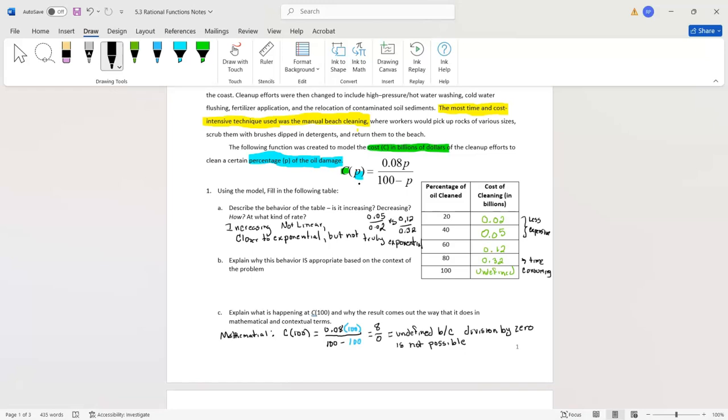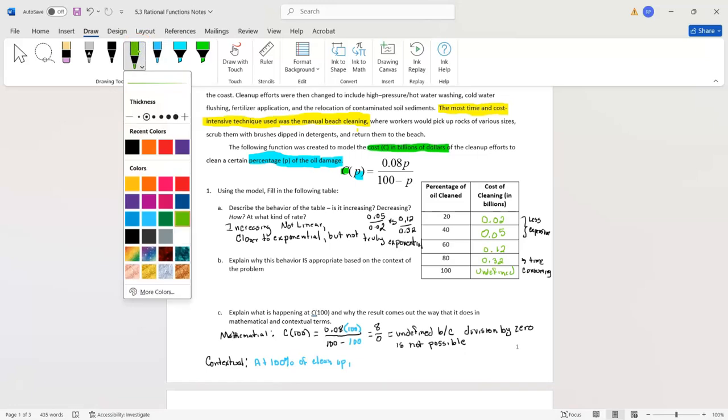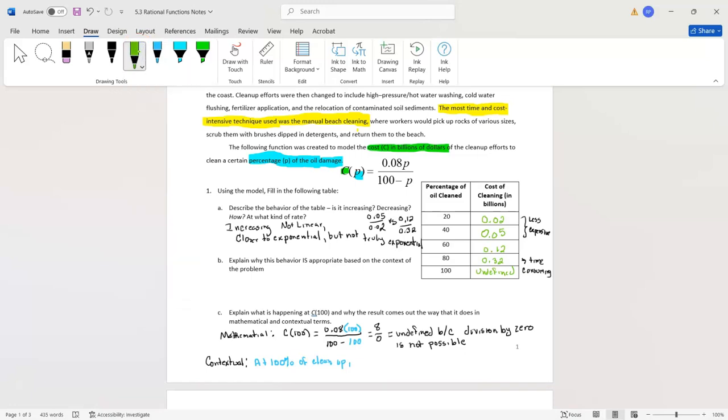So the input is 100%. At 100% cleanup, we need an input part and an output part of our statement, and we get an undefined cost.